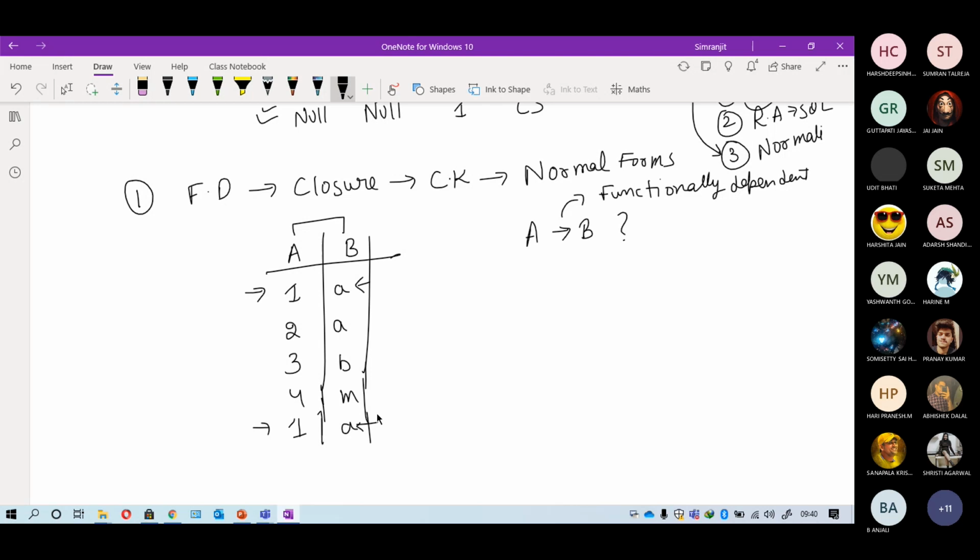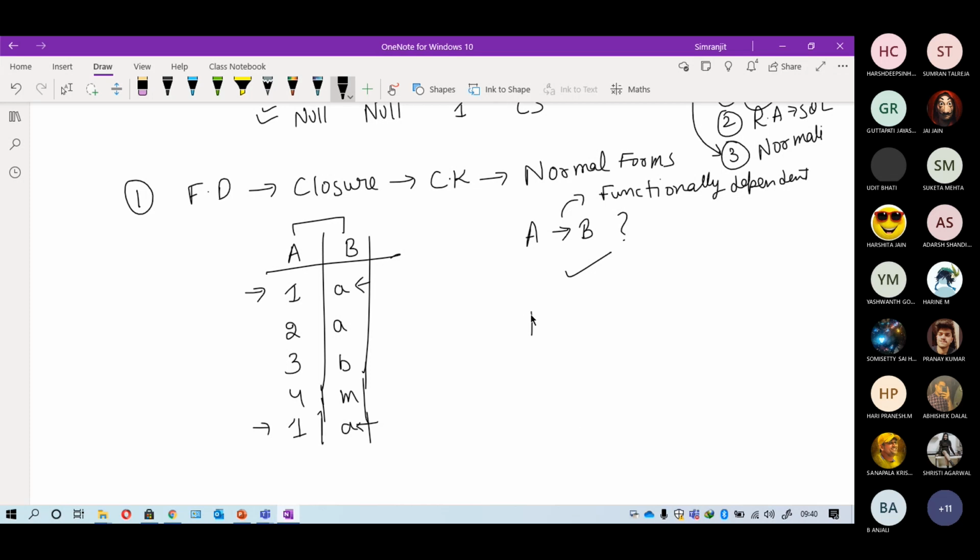Now the left hand side is 1. This particular tuple is repeated here, that is 1. Now the right hand side is A here, the right hand side is A here. So it means that A is functionally dependent upon B. This condition is correct.